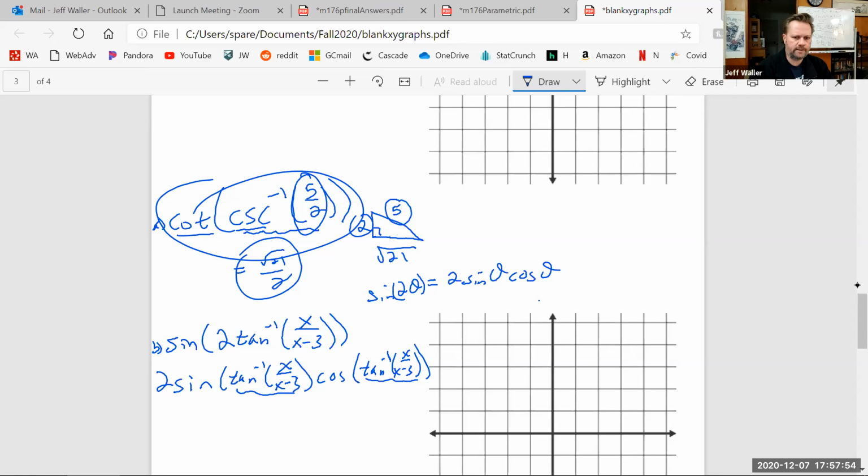Now the nice thing about this is, even though there's 2 parts to this, I just have one triangle to make, right? So it's tangent. It's going to be x minus 3. And this will be the square root of 2x squared minus 6x plus 9. If you square this and add them together, are you guys all with me out there?